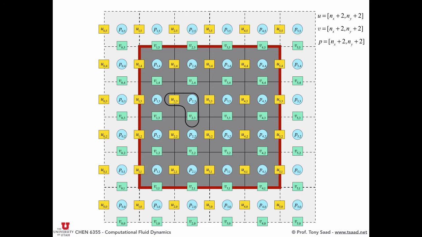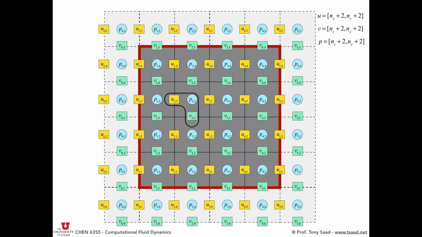Because we're going to be setting boundary conditions, let's from the get-go agree that we're going to need ghost cells. So I'm going to add a layer of ghost cells, shown here in light gray and dashed lines. Let's start with the scalars. We said that the scalars live at the cell center.